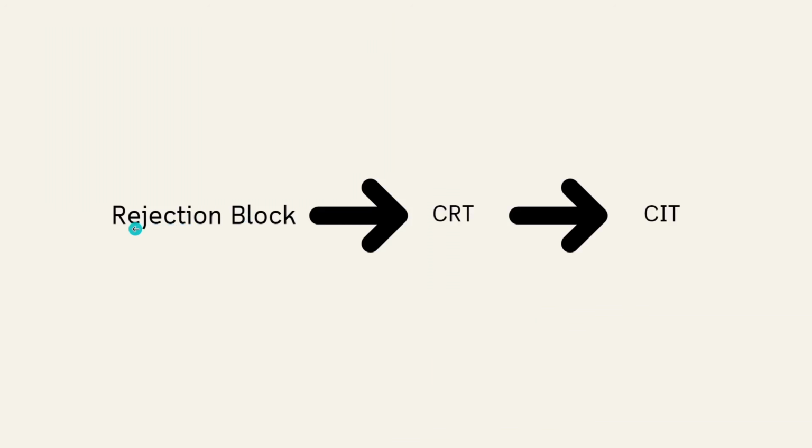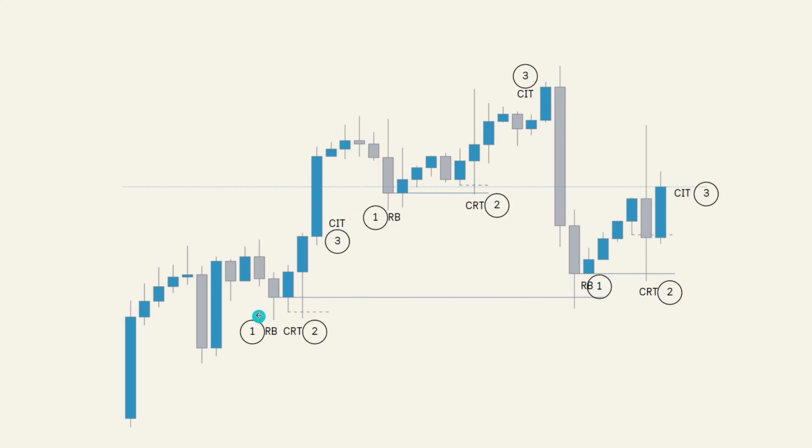Here is our formation of the rejection to CRT to CIT. As you can see right here, our first part, we have a rejection block. Price makes that close. Okay, the close happens right over here. And then the opening of the new candle starts there. Looking at the alignment of those wicks, we can see it creates a PD array that in the very next candle, price taps back into whilst also making the CRT low.